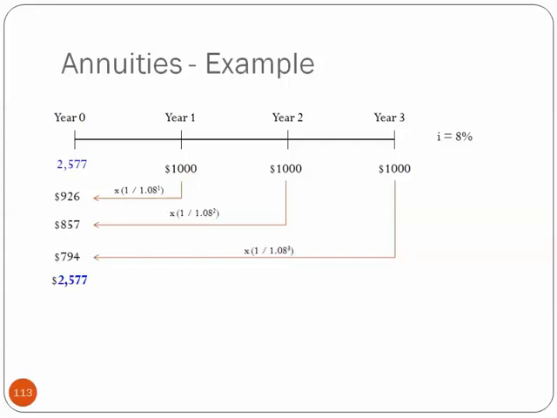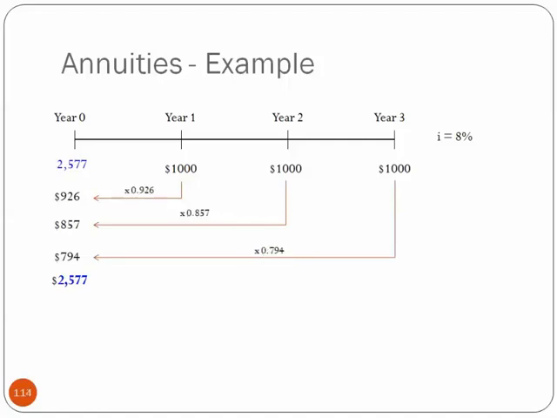So I want to just rearrange these terms, the 1 divided by 1.08 to the first, second, and third, and just put them in the present value factor notation, just to show you a little bit how this works. So we divide, just converting it based on the math from the earlier slide.